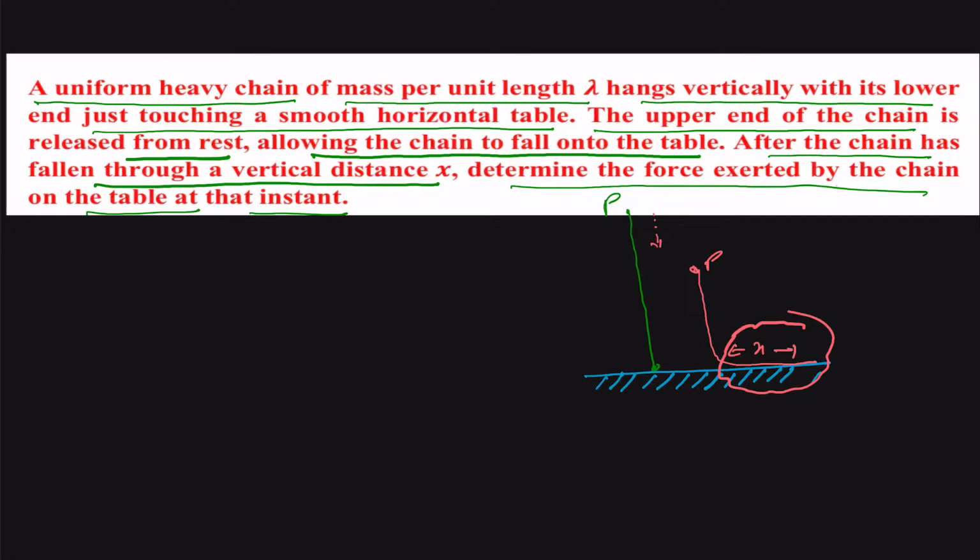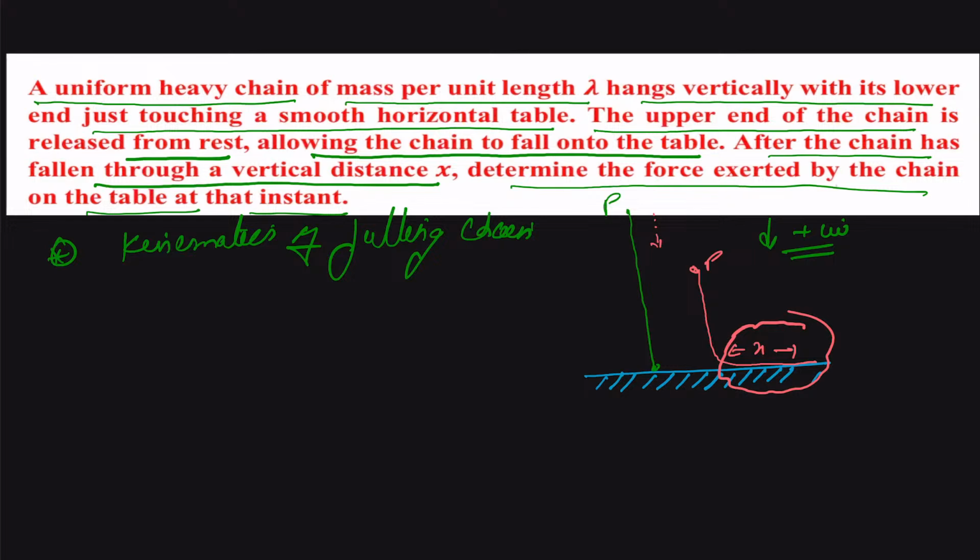So we have to find out the force because of this chain, whose length, x, is lying on the table. So let us consider, in this case we are going to assume that downward is positive. And we are going to write some equations, that is our kinematics equations, but with respect to the falling chain. So the kinematics of the falling chain.